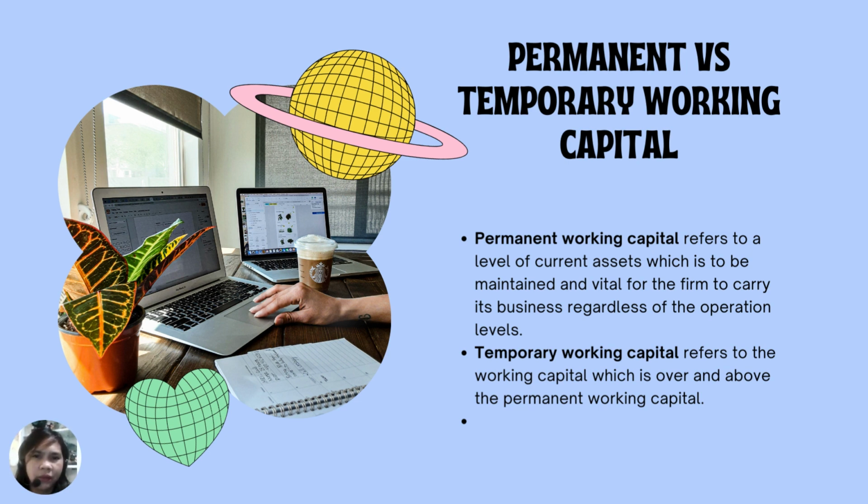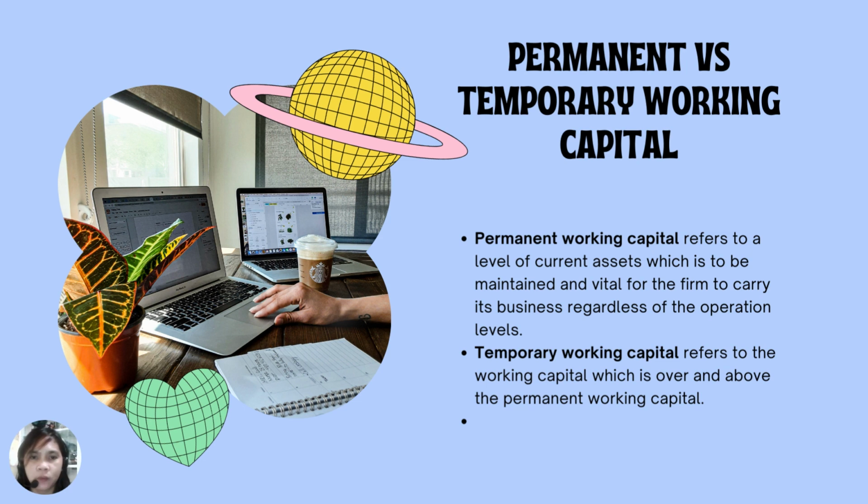Okay, so another differences of permanent and temporary working capital. So permanent working capital is also known as fixed or hard working capital, while temporary working capital is known as fluctuating or variable or seasonal working capital.